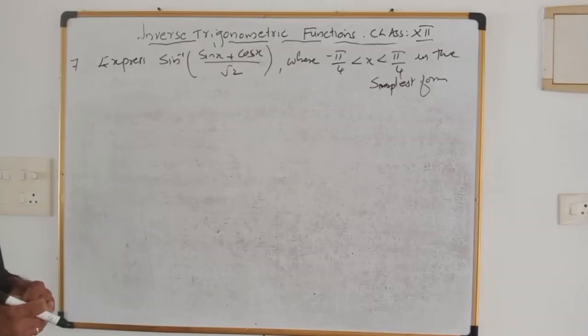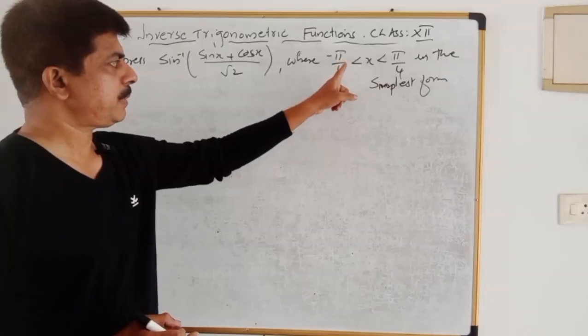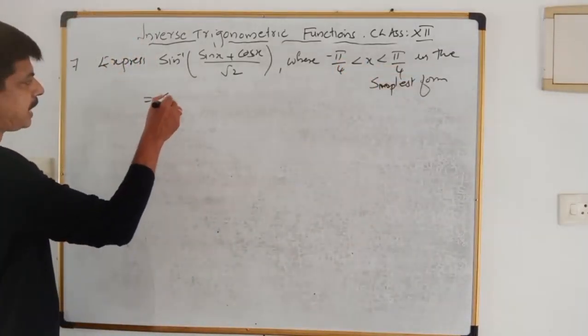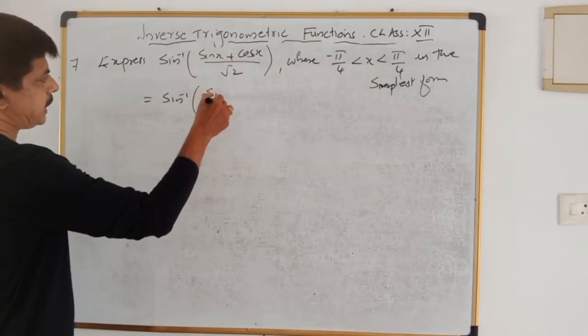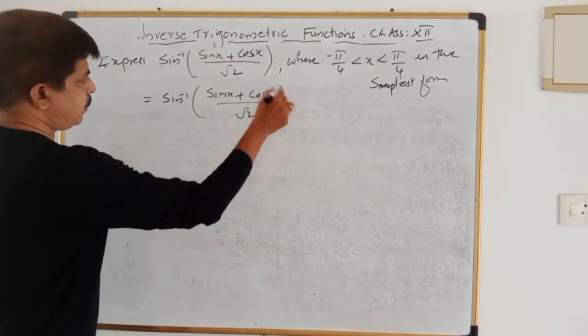Express sin inverse of (sin x plus cos x) by root 2, where the domain lies between minus pi by 4 and plus pi by 4, in the simplest form. So, very easy question. Sin inverse of (sin x plus cos x) by root 2.